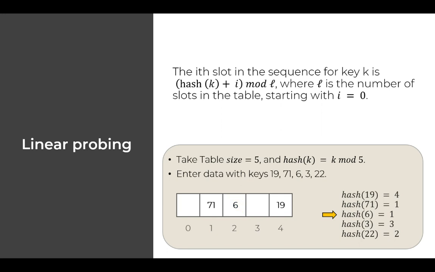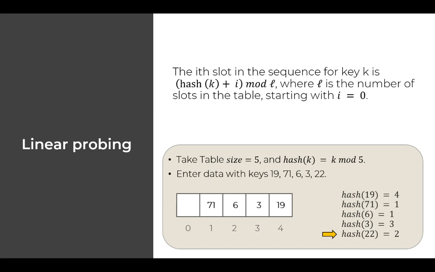Let's look at 3. The key is 3, and the hash value associated with that key is 3 as well. So we insert 3 directly at this position. We've got no issue. Now we've got the hash for the key 22, which is 2. So there is no clash with the previous values we computed.